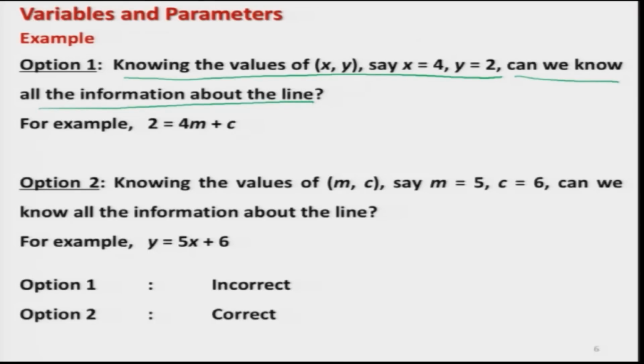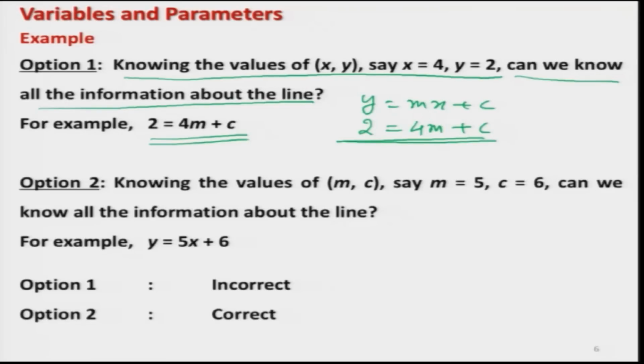In this case y equal to mx plus c will become y equal to 2, x equal to 4, and then m plus c. Now, looking at this, do you think that you have the entire information about the line? Certainly not. I just know that there is a point x equal to 4 and y equal to 2.